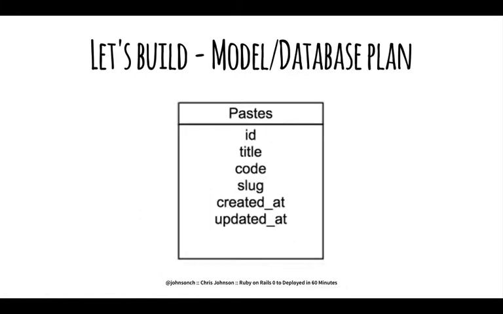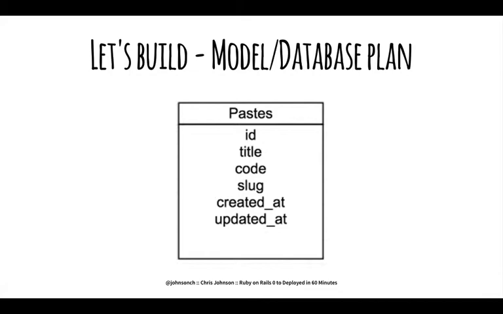Here's our database model diagram, right? So we're going to have a table. Rails, when it generates new tables to relate with its models, which we'll talk a little bit more about, always puts an ID in there, so we've got the ID.